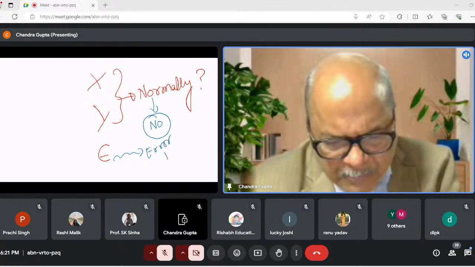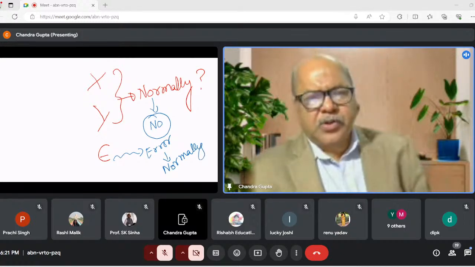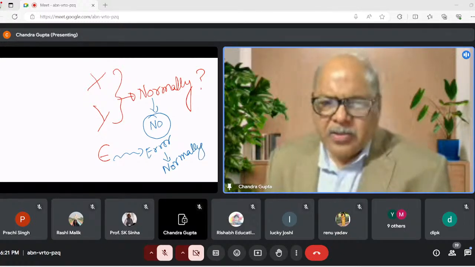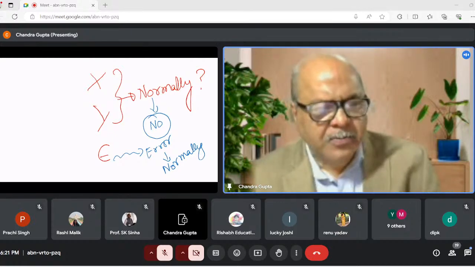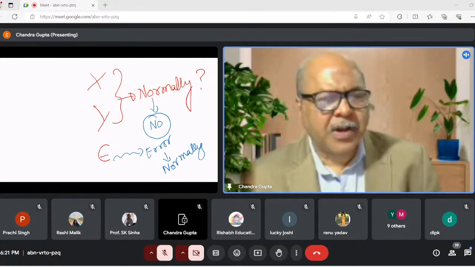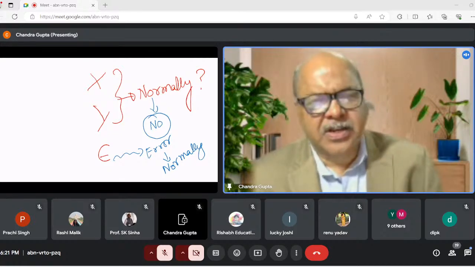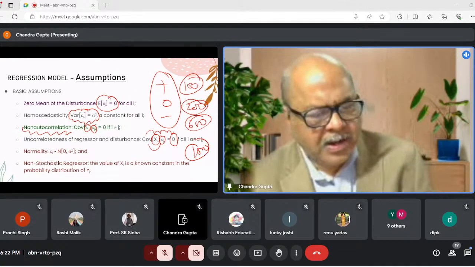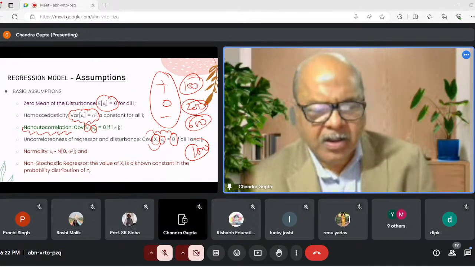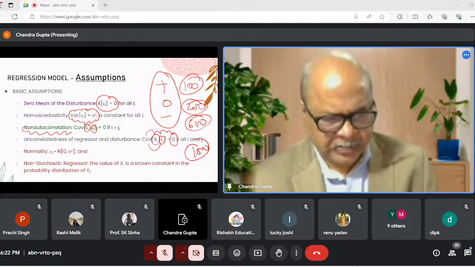The error term should behave normally. Whether x follows a normal distribution or not, I don't care. My concern is that the error term should follow a normal probability distribution. That's the assumption, and it must be satisfied. And we are assuming that x's are non-stochastic, they are given, and they are constant. They don't have any probability distribution.